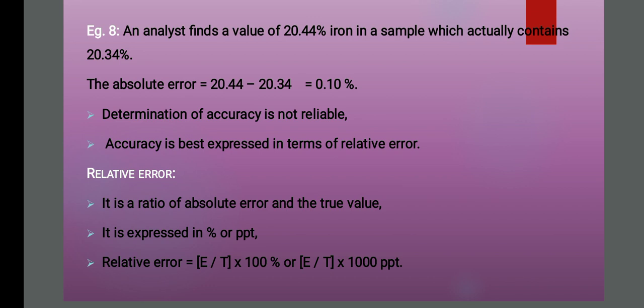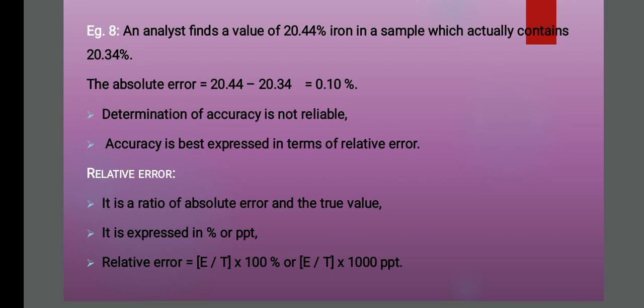So now we need to calculate the absolute error to check the accuracy. You take the difference between both: 20.44 is your experimental value, and actual value is 20.34. The absolute error is found to be 0.10 percentage.